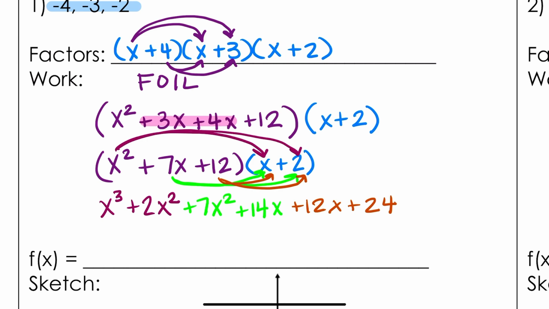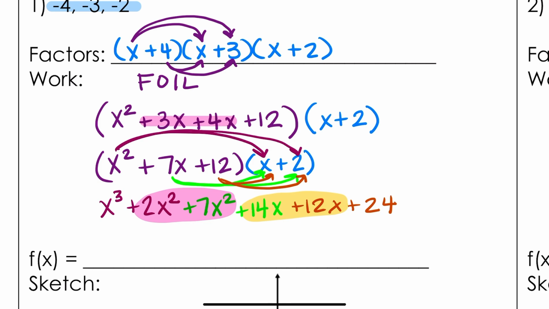Now we want to combine like terms. So we have like terms 2x squared and 7x squared. These like terms combine to make 9x squared. And then we also have 14x and 12x to make 26x.